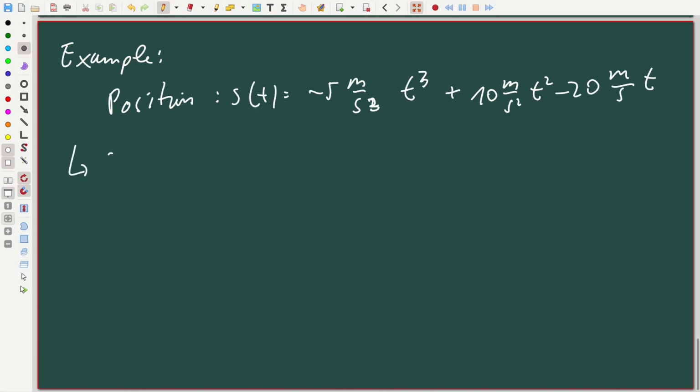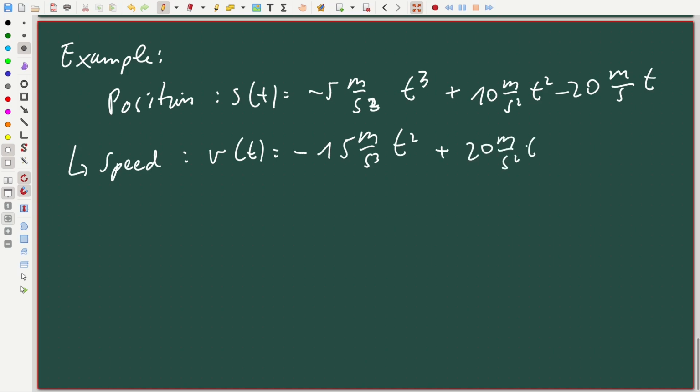Now we want to calculate the first derivative, which is the speed. In this case, we can write t to the power 3. The derivative would be 3 times this constant here, so it would be minus 15 meter per cubic second times t square. And this term would turn into 20 meter per second squared times t. And this term is then the constant at the end, 20 meter per second. Then the acceleration we want to calculate in the last step.